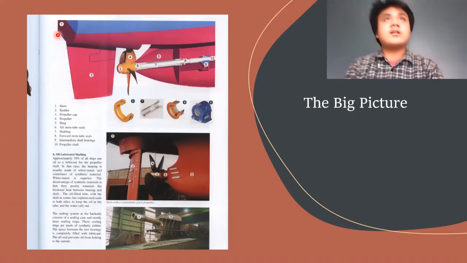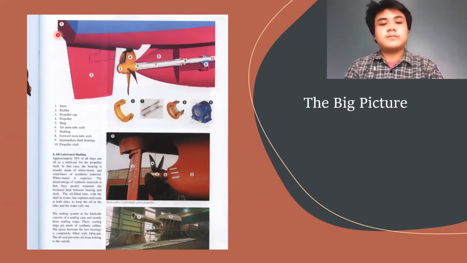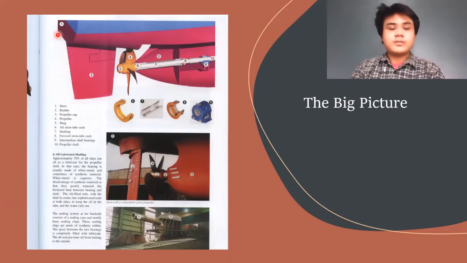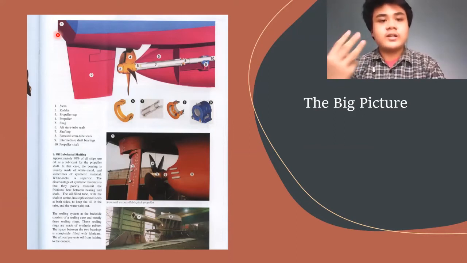The rudder can change the direction of the ships by changing the wave of the water. And number 3 is the propeller. And number 4 is the blade of the propeller. The propeller can make the ship go forward or backward.